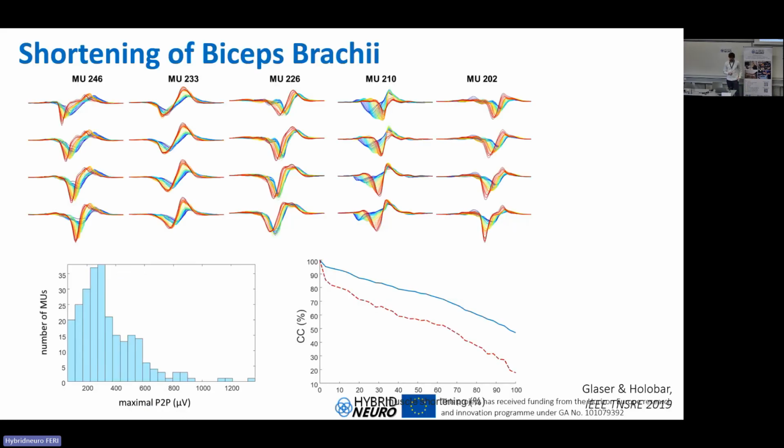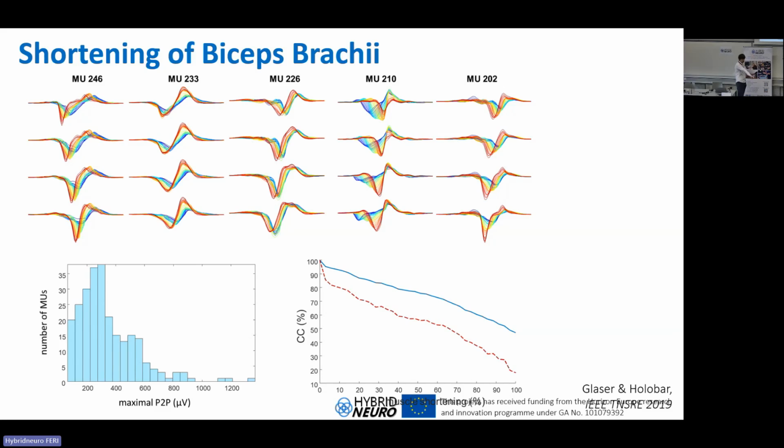in its own way. If we take a look at the simple plot of changes in the motor unit action potential shapes during the forearm extension and flexion, we can see how the motor unit action potential shape changes. In the upper part, if I remember correctly, the red line depicts fully extended forearm, and the blue line depicts the motor unit action potentials where the forearm is fully flexed.